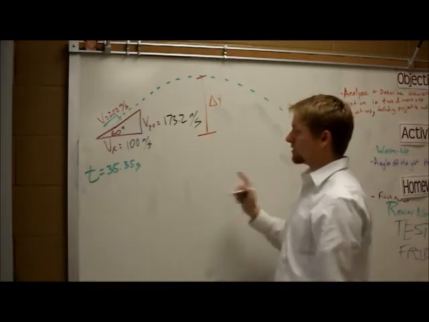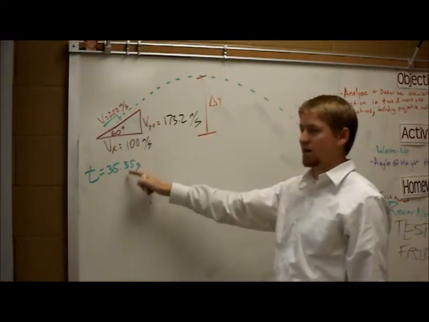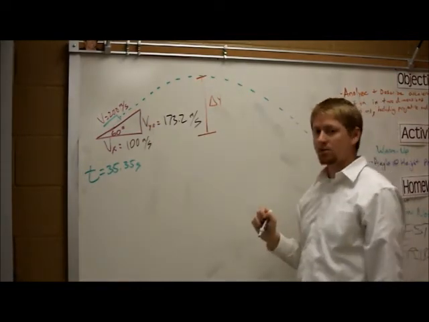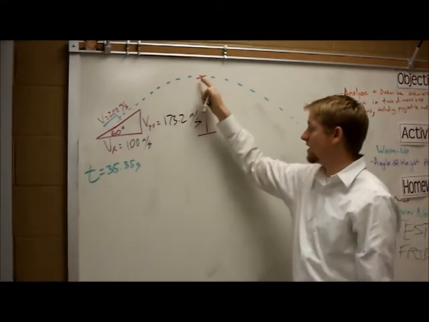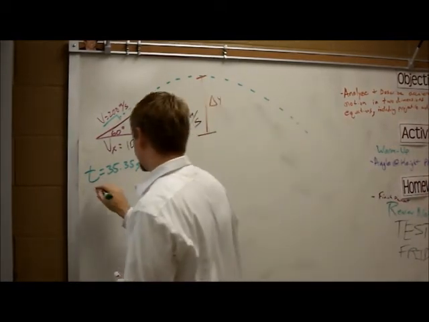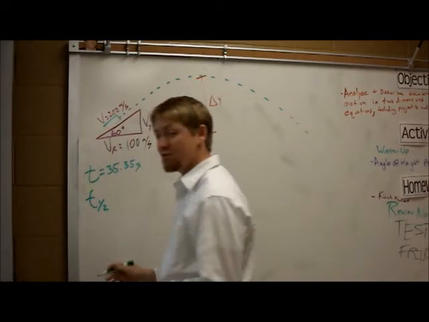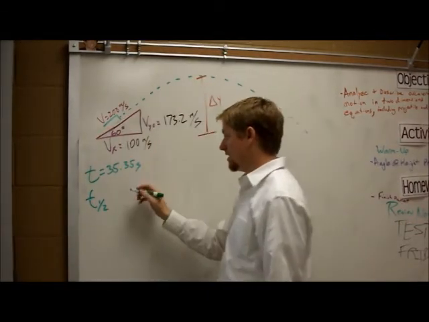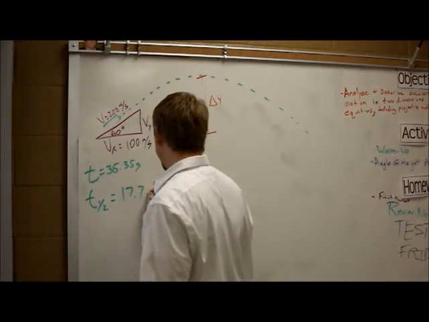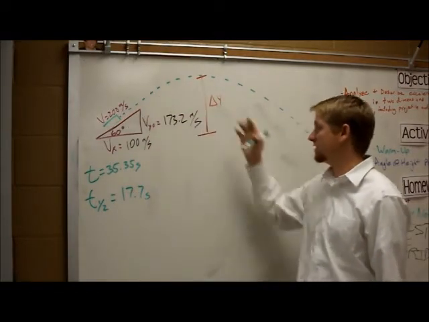So if it takes 35.35 seconds to get from here all the way to here, guess how long it's going to take to get from here to here? This divided by 2. So our t1/2, or our time for half of the trip, is 17.7 seconds to get to here.